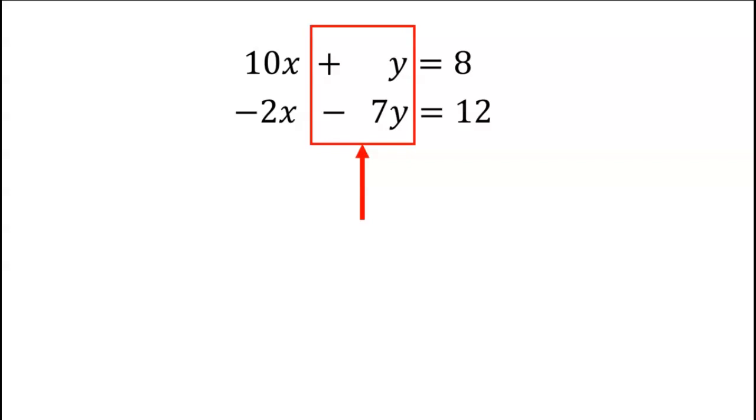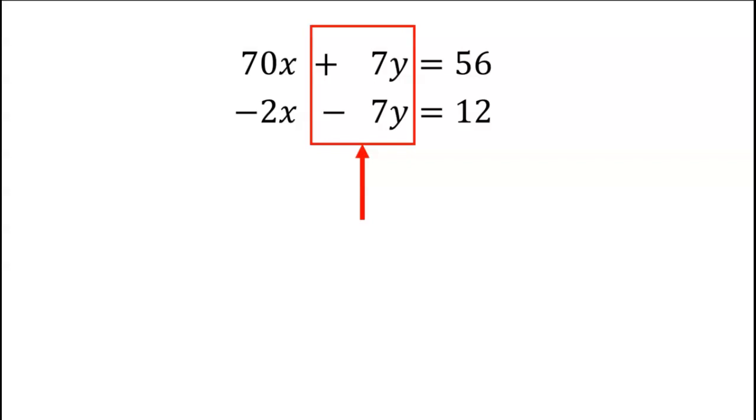Because in that first equation the coefficient is 1, we're going to multiply it by whatever the coefficient of the second equation is. So I see that second equation is 7, so we're going to multiply everything in the first equation by 7, which will turn the equation from 10x plus y equals 8 into 70x plus 7y equals 56.